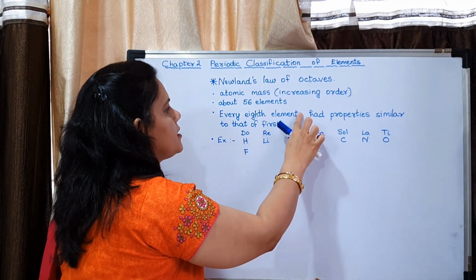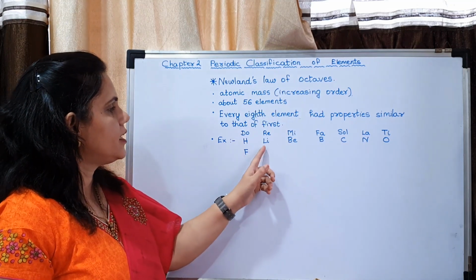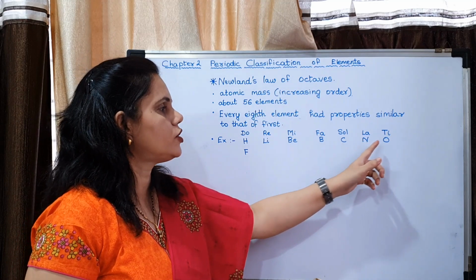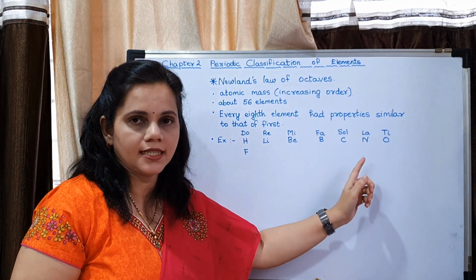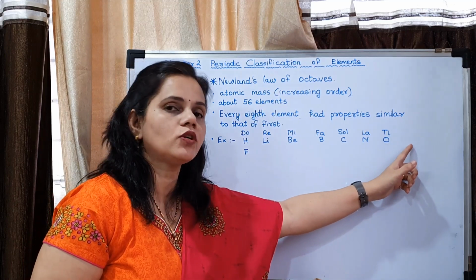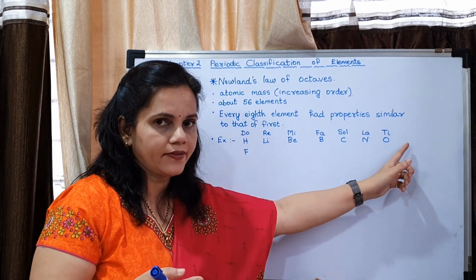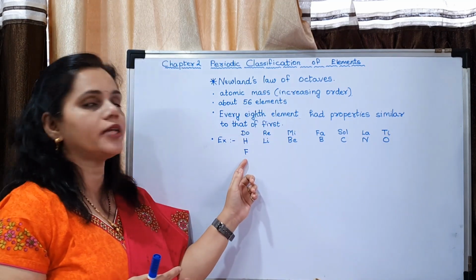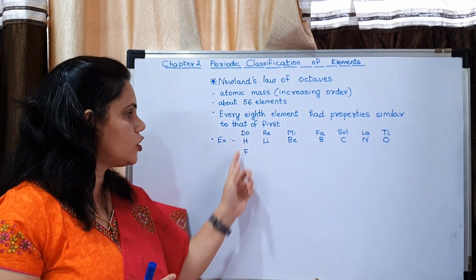That means hydrogen, lithium, beryllium, boron, carbon, nitrogen, oxygen. These are arranged in the increasing order of atomic mass. The element after this was fluorine, which has the next atomic mass, but it showed properties similar to that of hydrogen. So he grouped them.